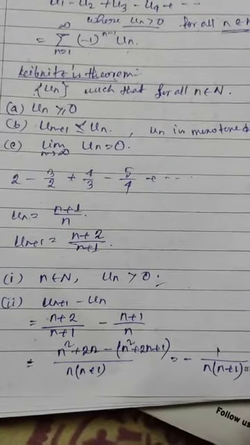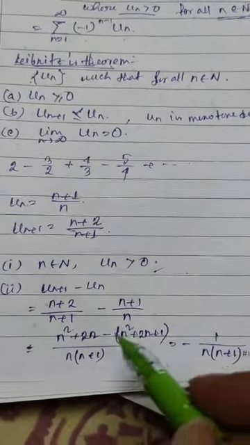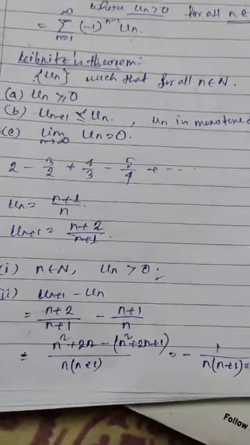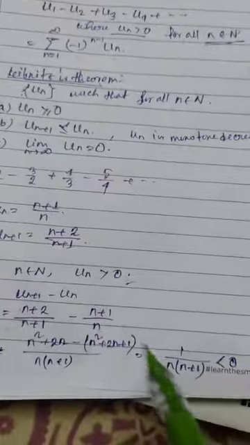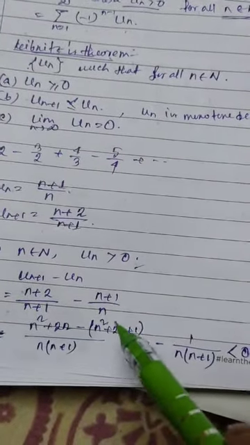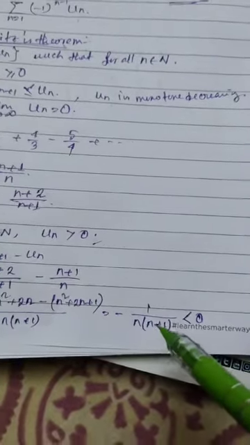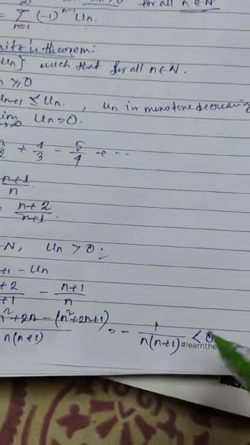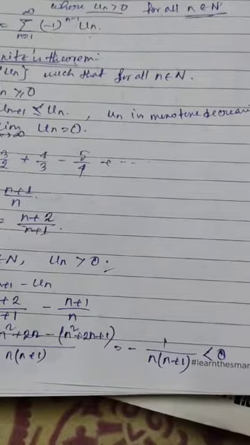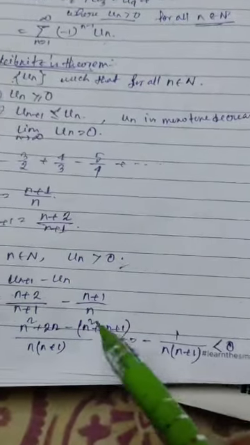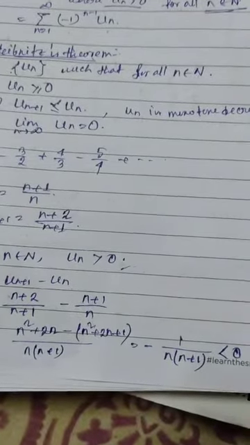So now we have to find the difference of u(n+1) and un. We get (n+2)/(n+1) minus (n+1)/n, and if we simplify, we get minus 1 divided by n(n+1), which is less than 0. So the second condition is also satisfied, that is the sequence un is monotone decreasing.